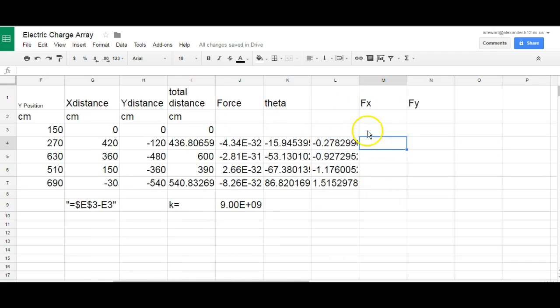So f of x is going to give us the F cosine of theta, and so we've got equals this times cosine of this in radians.